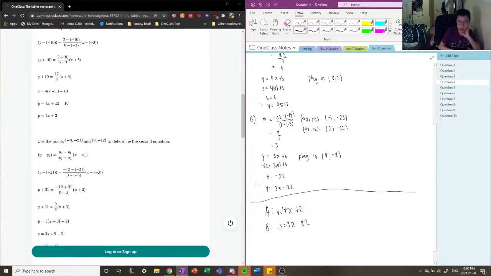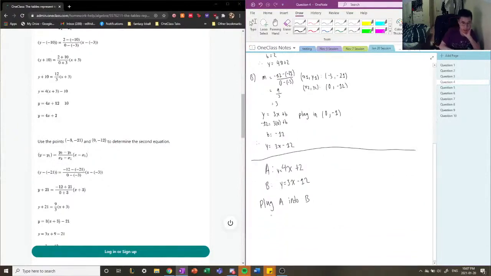Since we have the y variable isolated, we're going to use substitution. We're going to plug A into B, which means we sub y equals 4x plus 2 into our B equation. Then we get 4x plus 2 equals 3x minus 12.